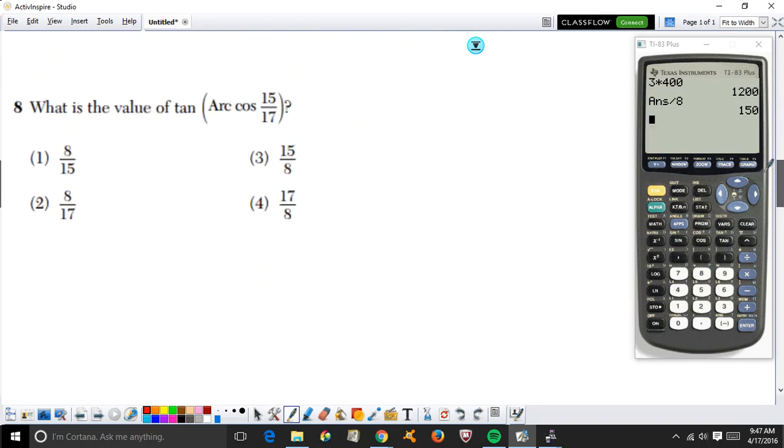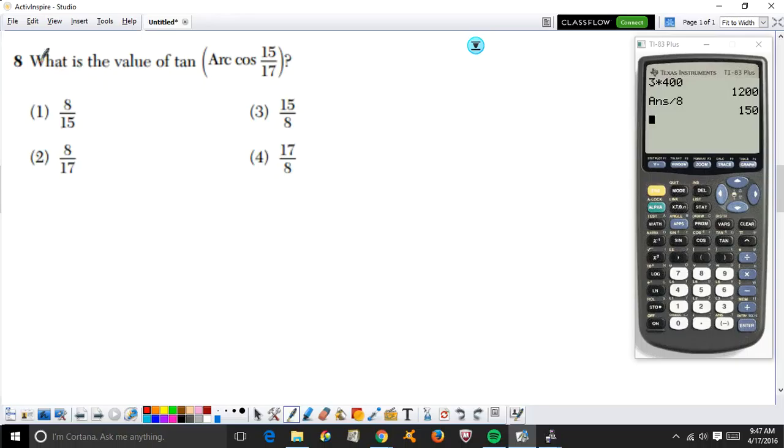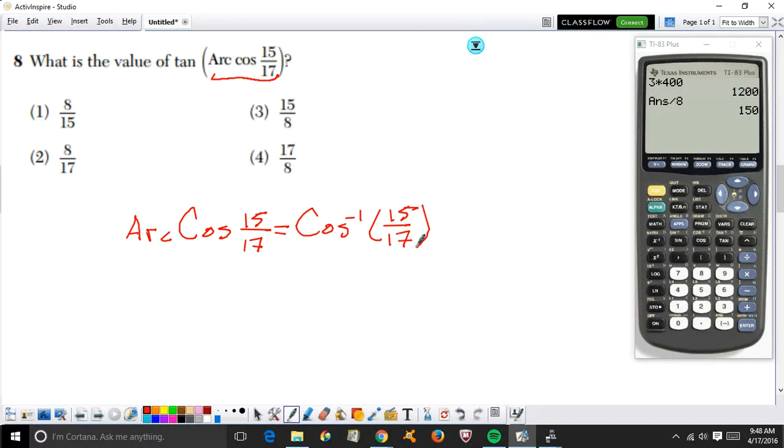Now, here they're asking us what is the value of tangent of arc cosine 15/17. First, our strategy here is to find the value of arc cosine of 15/17. For notation, arc cosine of 15/17 is the same as the inverse cosine of 15/17.